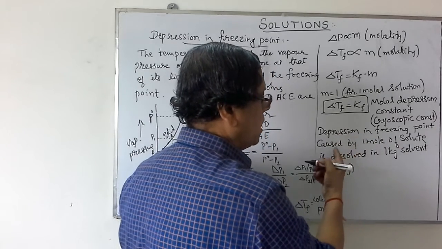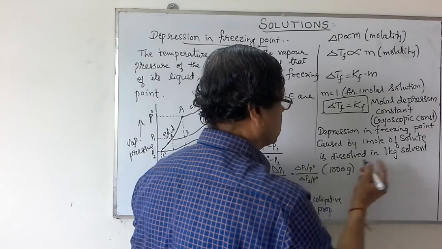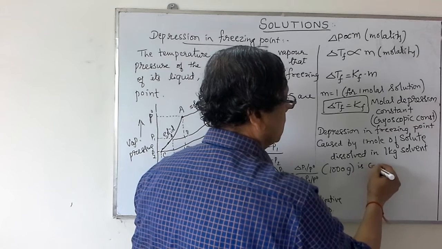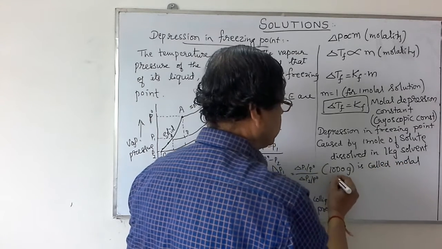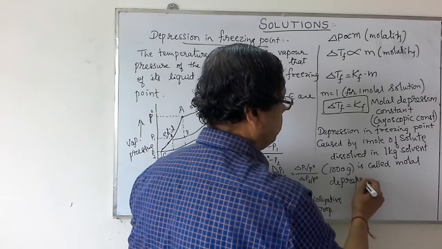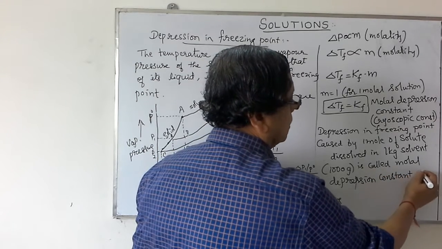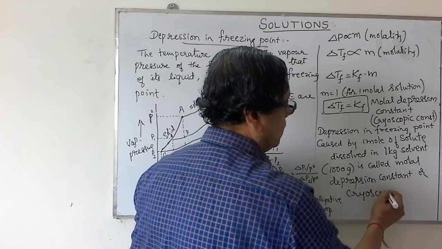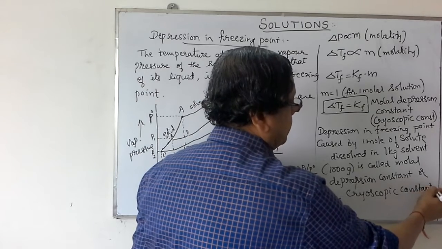Depression in freezing point caused by 1 mole of solute dissolved in 1 kg of the solvent is called molal depression constant or cryoscopic constant, that is KF.